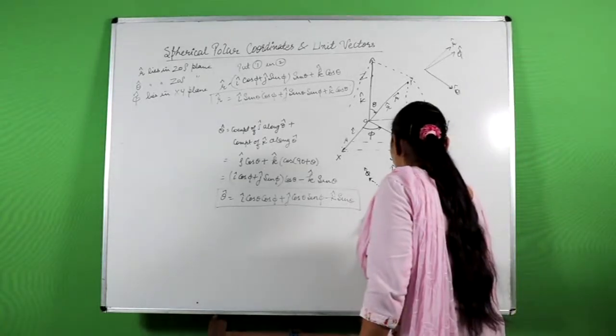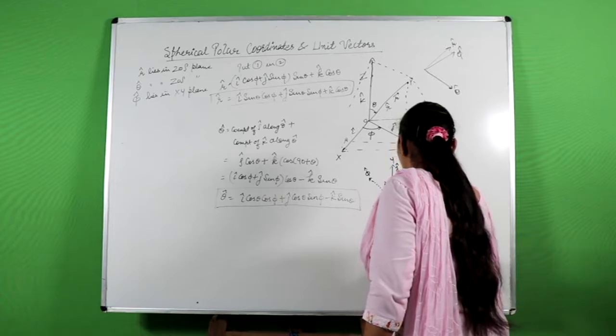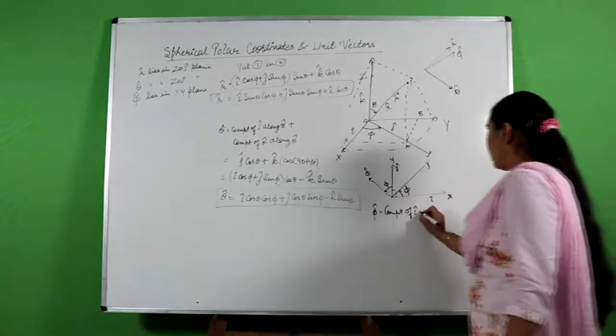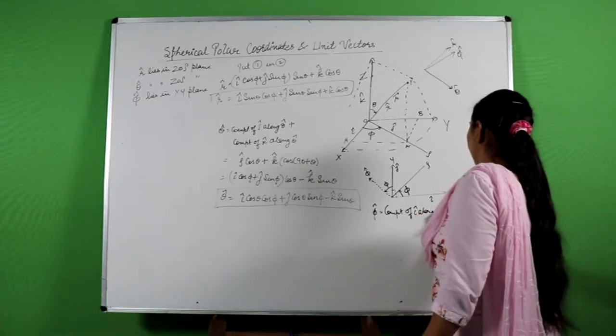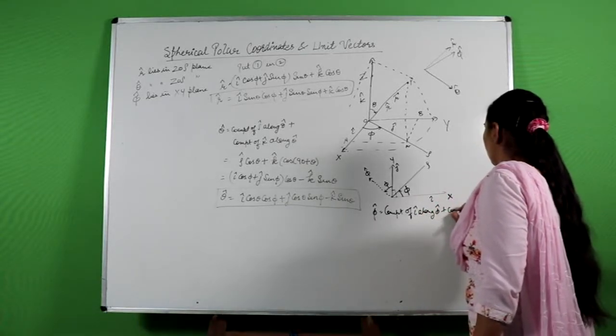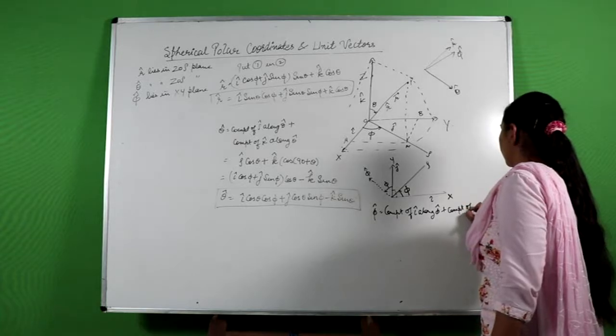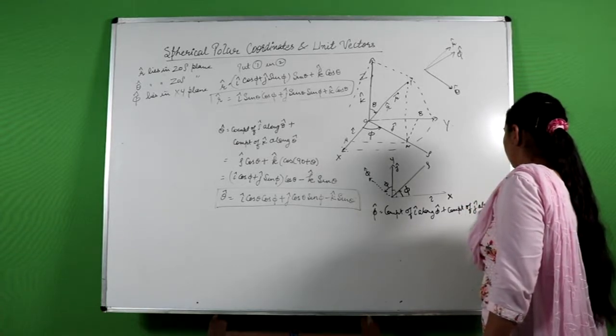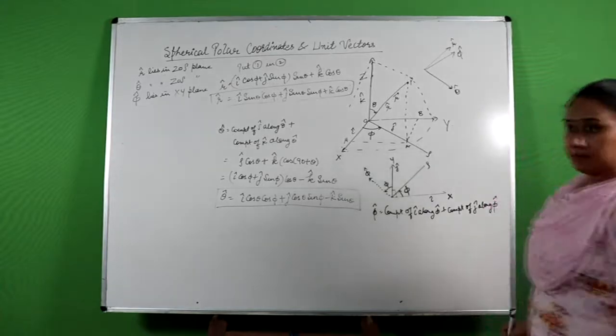So my phi cap will be the component of unit vector i cap along phi cap plus the component of unit vector j cap along phi cap.